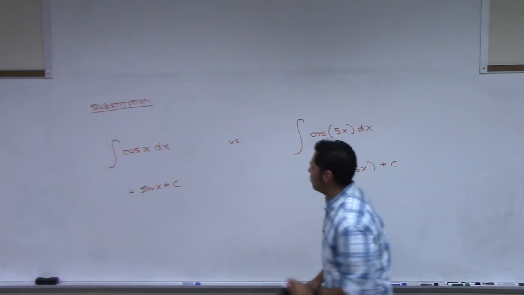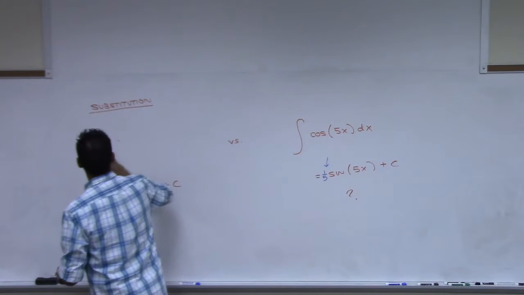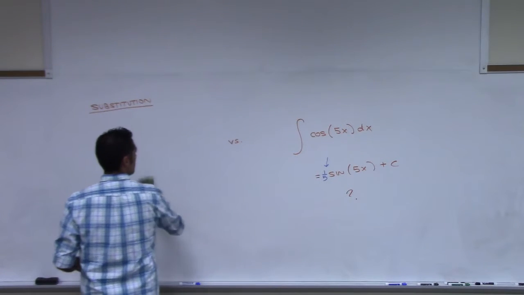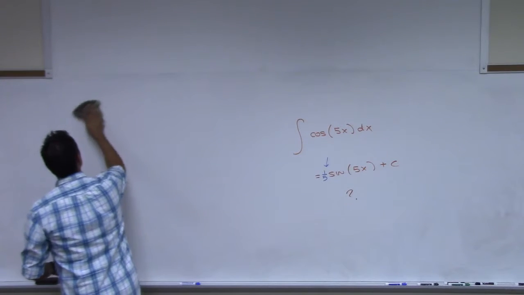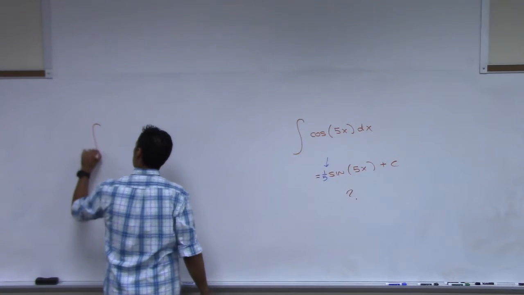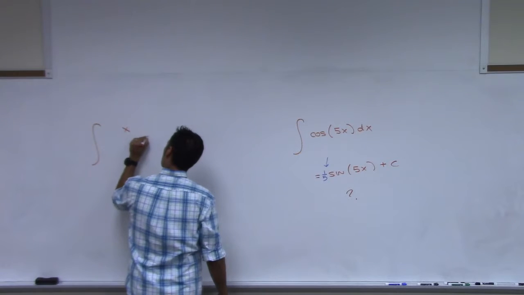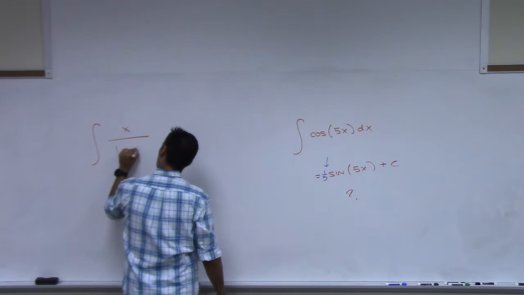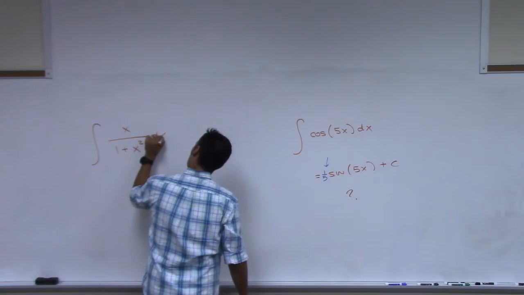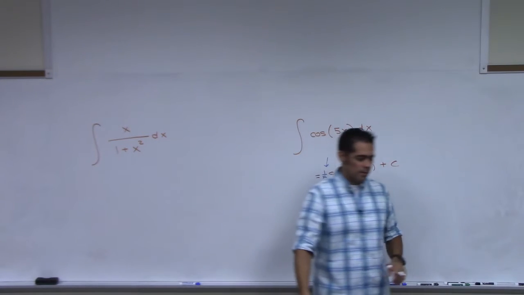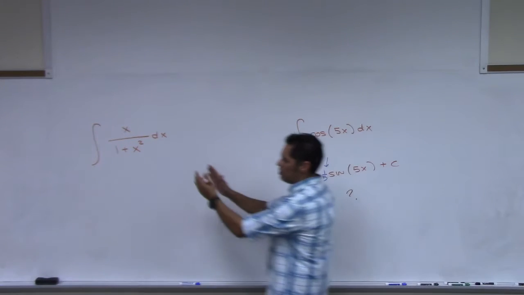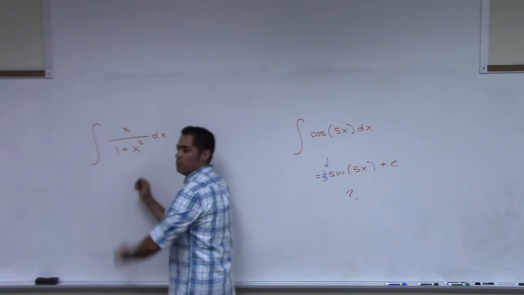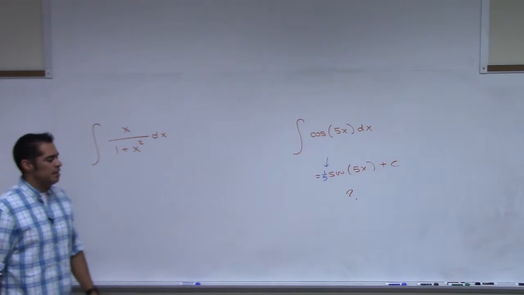How about this next one? This is a good one. Can we split this up into 2 fractions? No, you have 2 terms on the bottom. You can't do that.